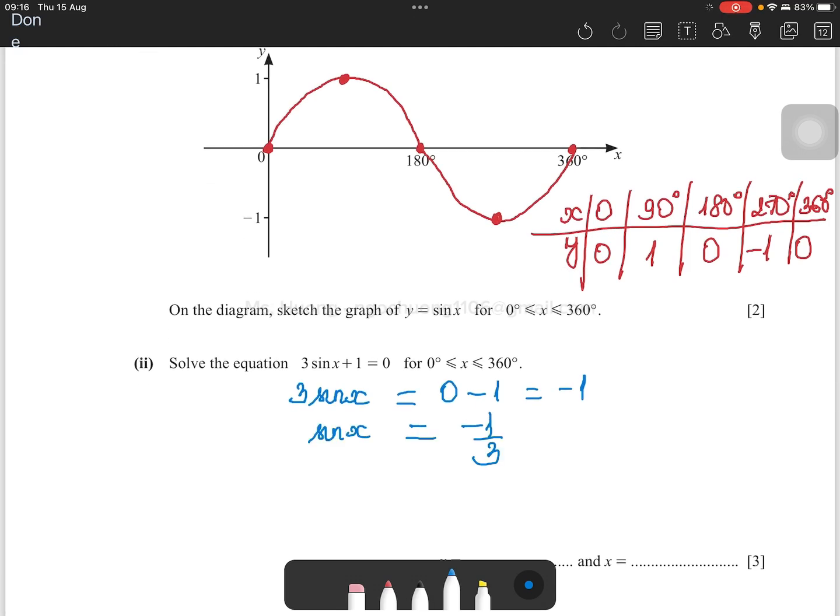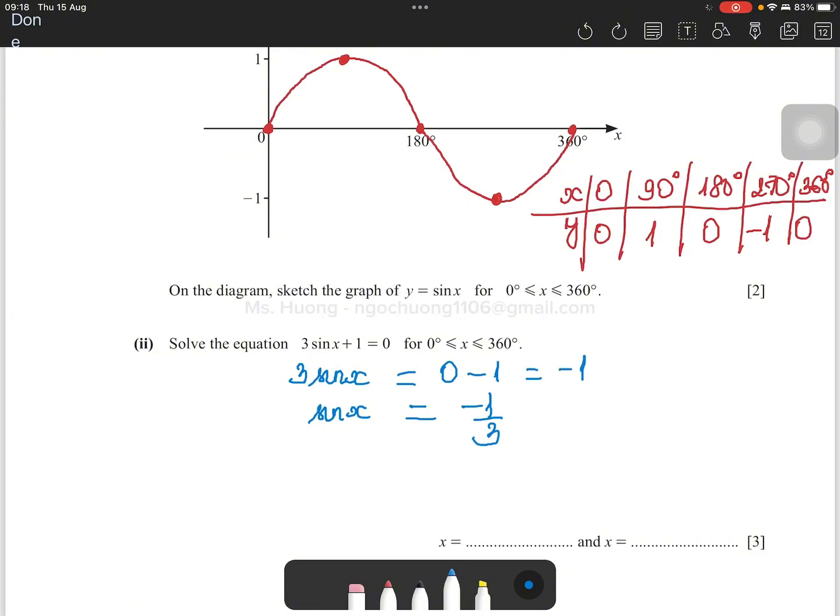So the equation becomes sin x equals negative 1/3. And now you will use your calculator to find the inverse sin of negative 1/3. So x is equal to negative 19.47. This is the value in your calculator.